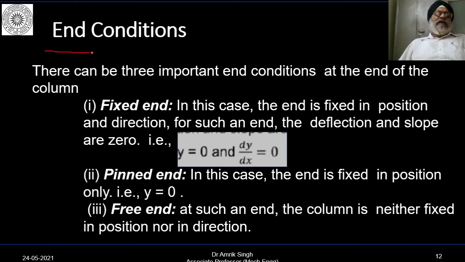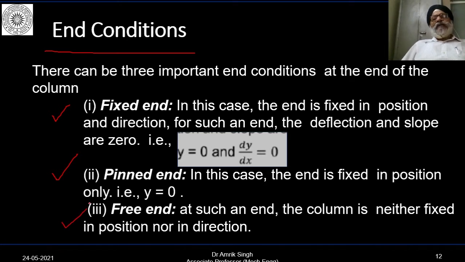So, three types of end conditions are used. One is a fixed end, another is a pinned end, and the third one is a free end. In the fixed end, the end is fixed in position and direction. That means the deflection y is 0, and the direction is also fixed, that means the slope dy by dx is 0.